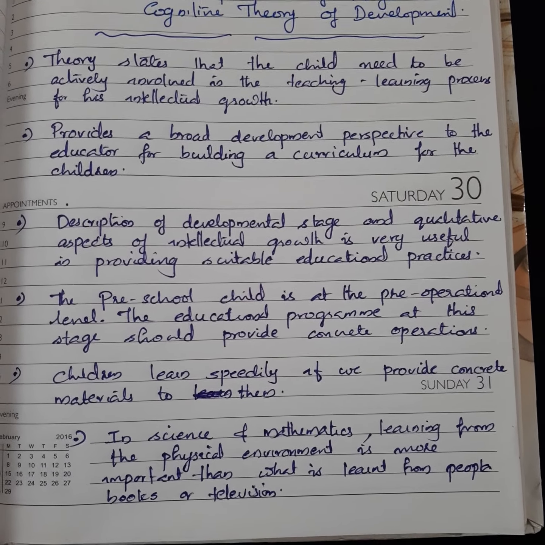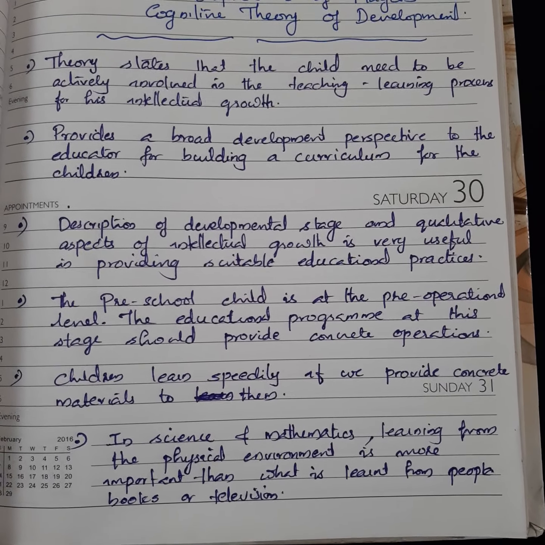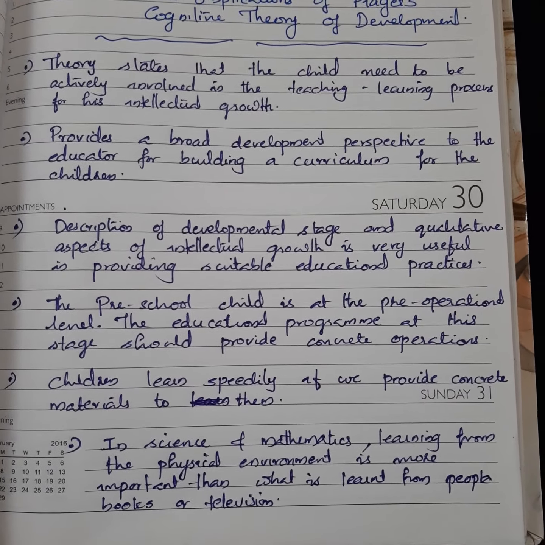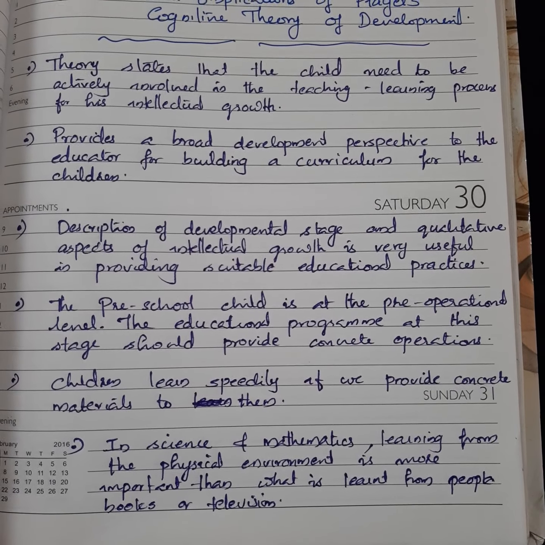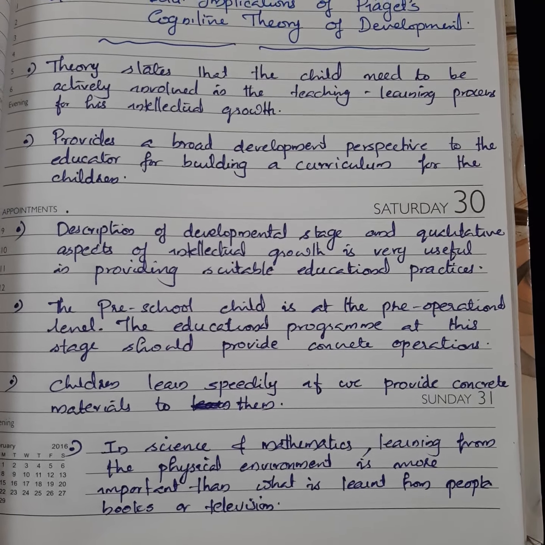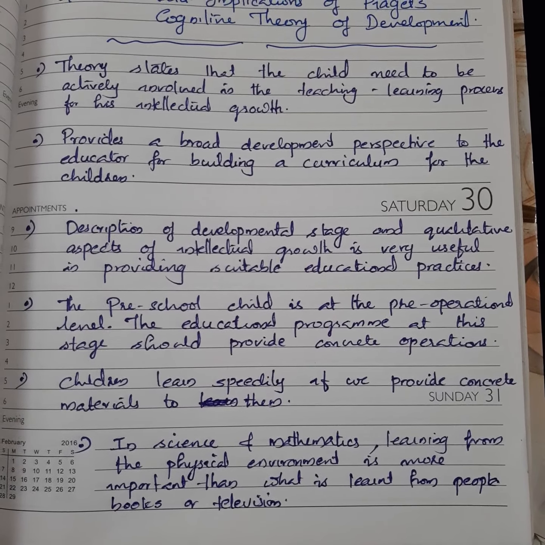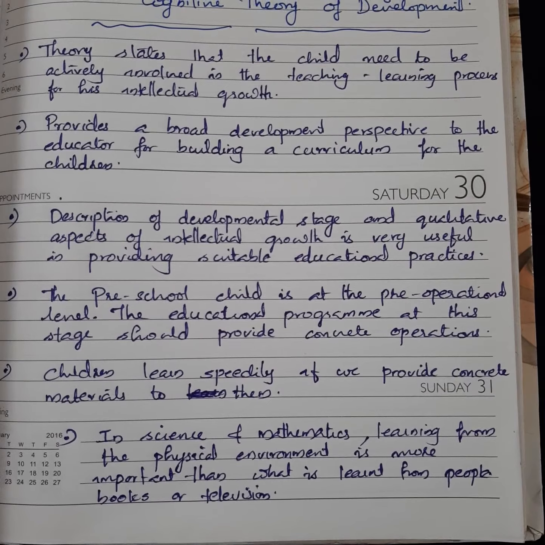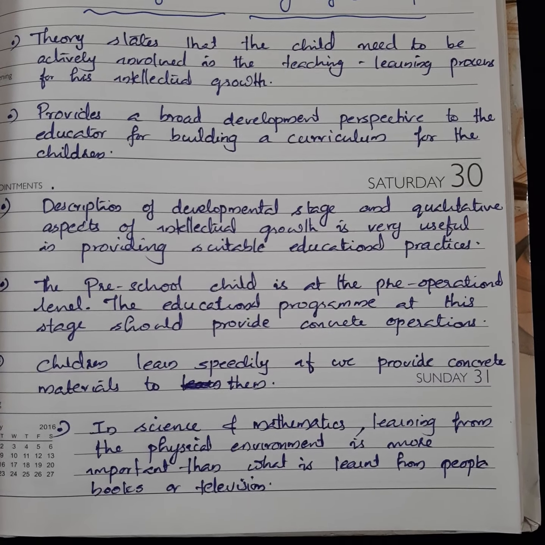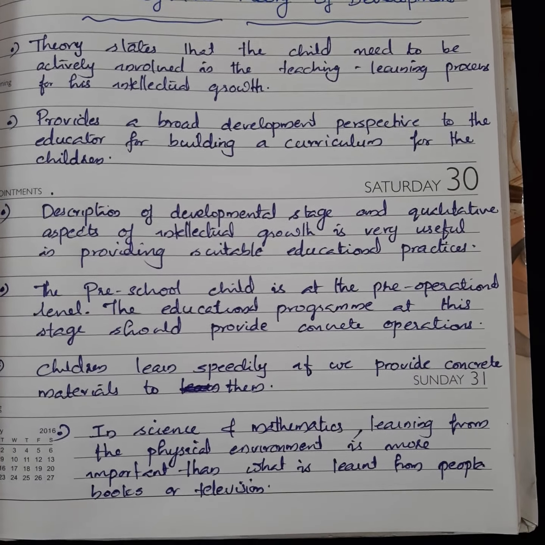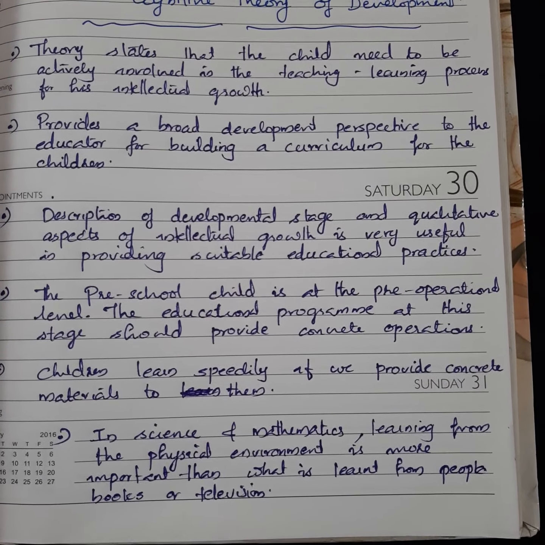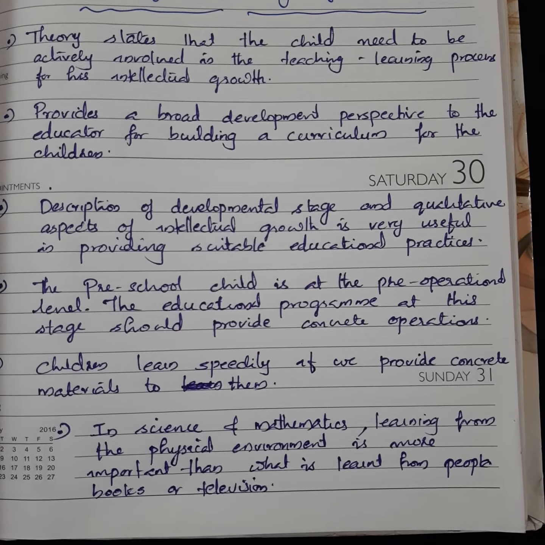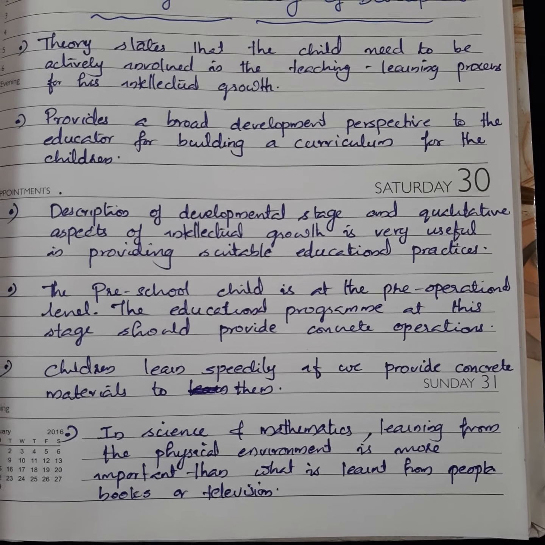practices. Fourth one is the preschool child is at the pre-operational level. The educational program at this stage should provide concrete operations. Fifth one is children learn speedily if we provide concrete material to teach them. The last one is in science and mathematics, learning from the physical environment is more important than what is learned from people, books, or television.